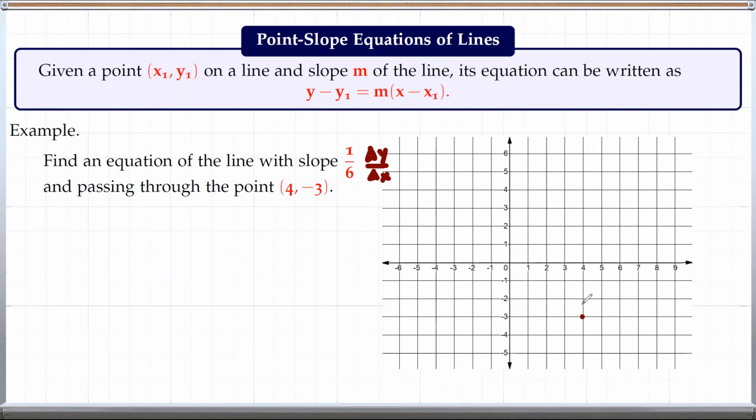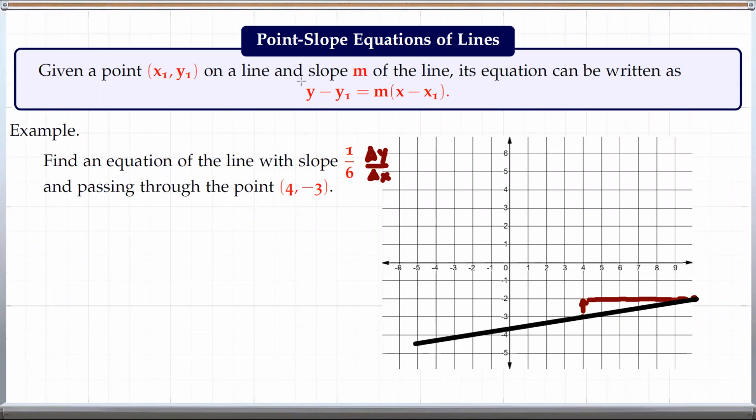So if you go up by 1, then you go to the right by 6: 1, 2, 3, 4, 5, 6. So somewhere over here. The graph of this line will be the line connecting those two points, which will look like this one.